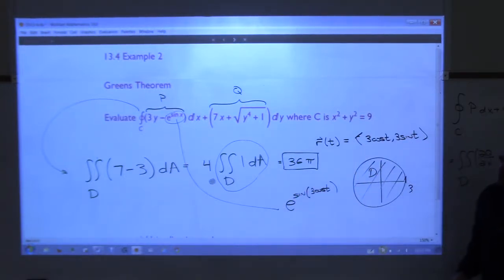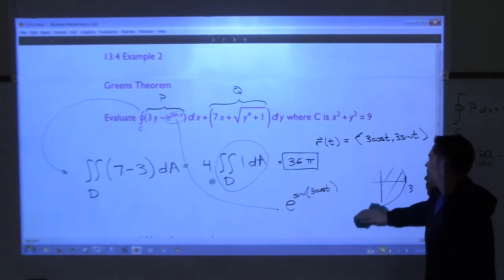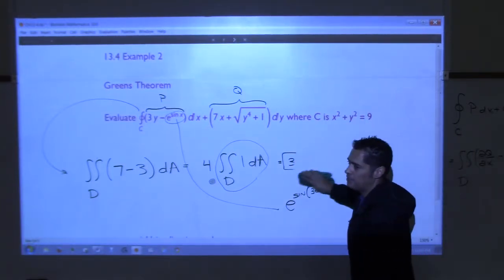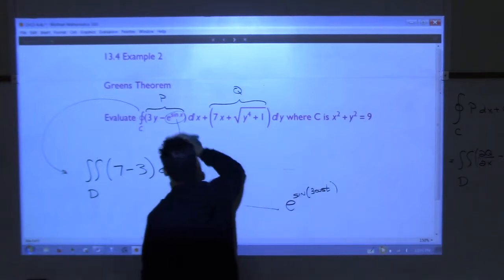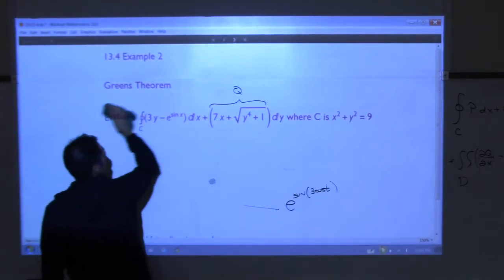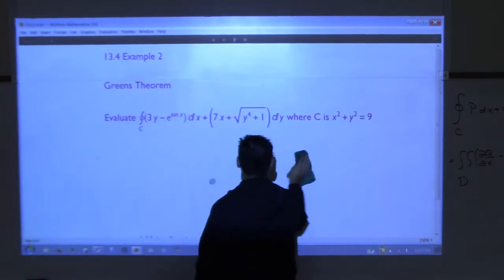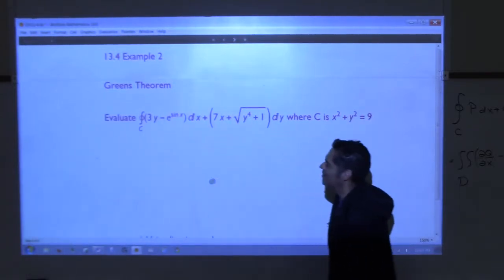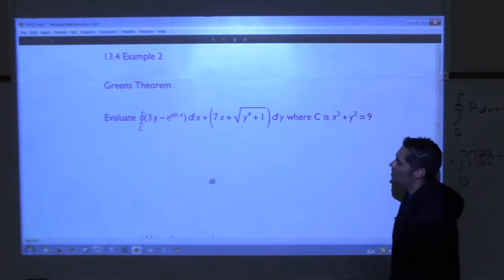And that's not even dotted with the other parts yet, you know? That's nice, huh? I mean, that's what you can do to your friends who don't know Green's theorem. You can do something really nasty.